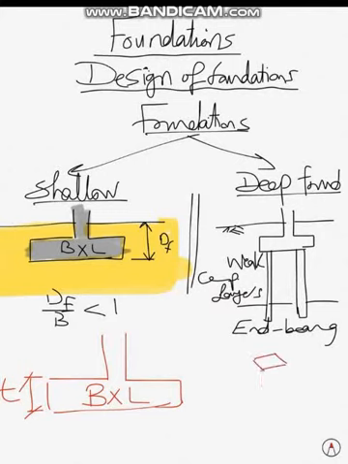In isometric, I have a certain column like that, which carries certain load from the superstructure, and it is placed over a footing like that.